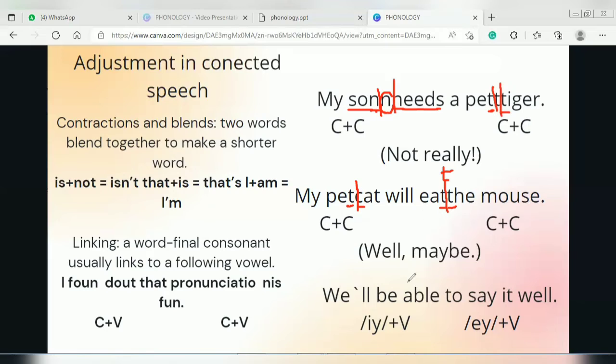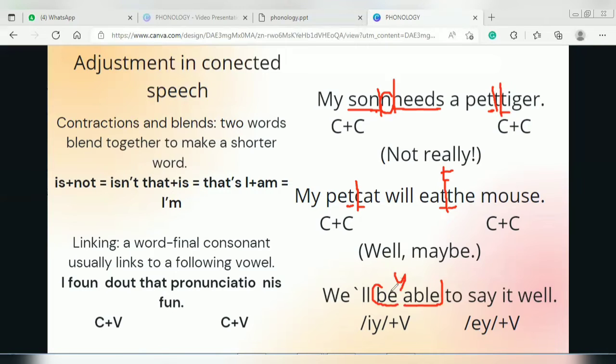So, in the next one, we have another rule when we hear the y sound between the two words like this. In this case, we have be able. Why?